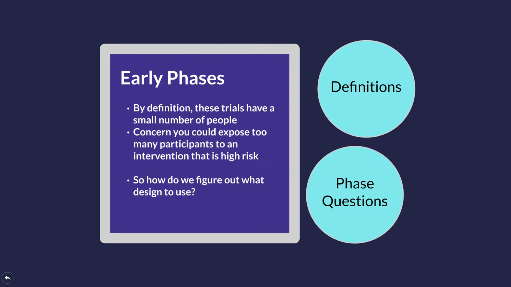And of course, the push for getting interventions to market faster, whether it be a surgical or medical intervention in terms of FDA approval, is that you don't want to get very far down the line in drug development or a surgical trial or a medical device before you start finding out that there are safety issues. And so these studies will typically start with smaller numbers of people to figure out whether or not there is a safety risk. So how do you figure out which design to use?